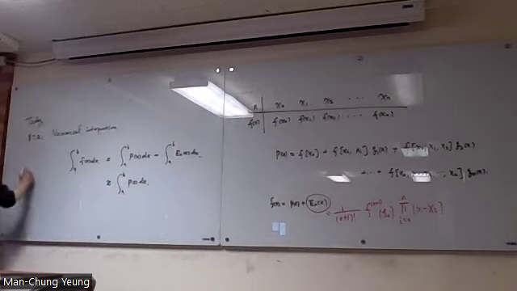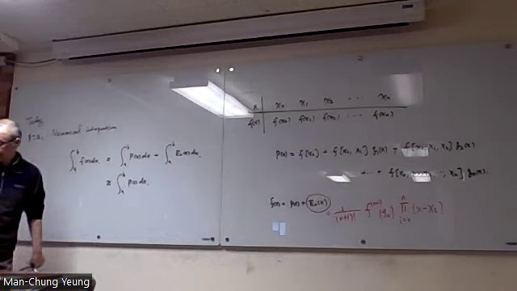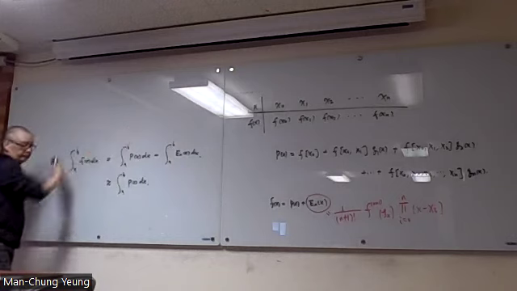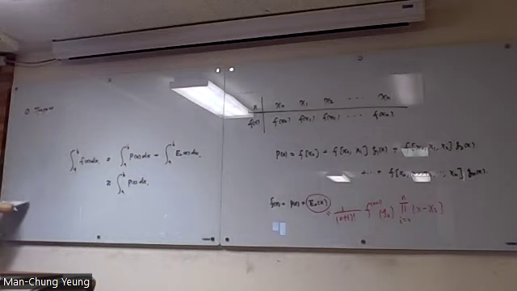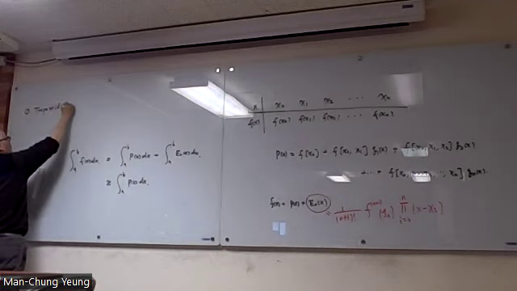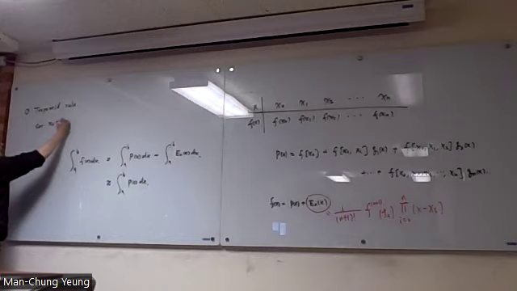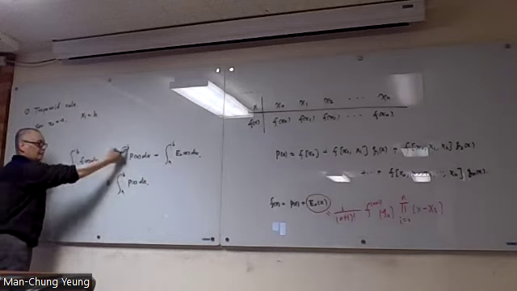We obtained the trapezoid formula, the trapezoid rule. Set x0 to be A and x1 to be B.